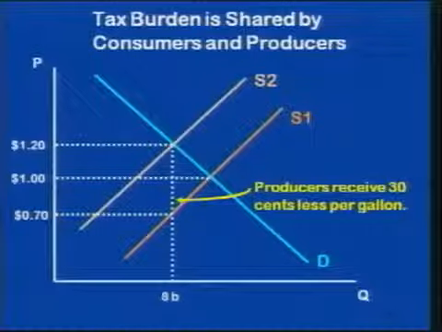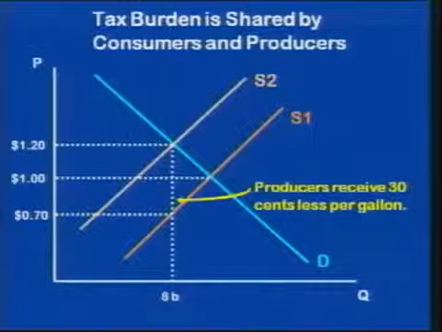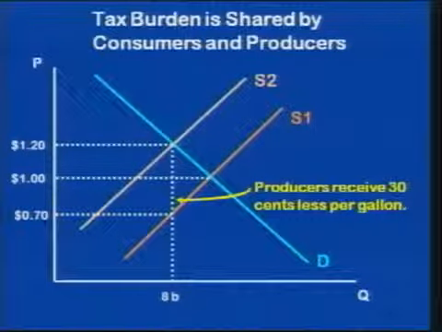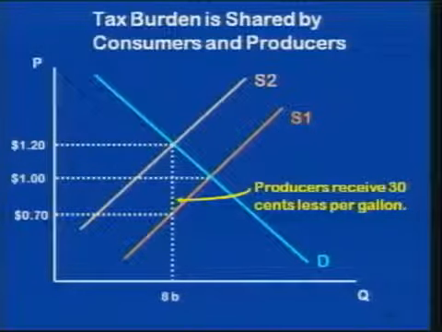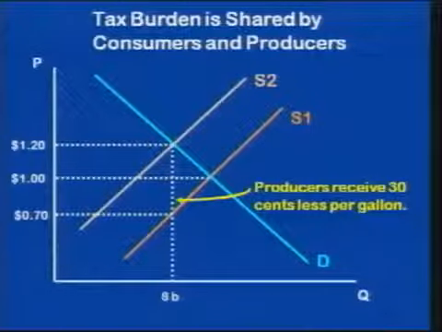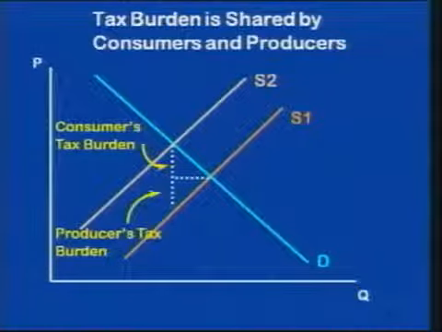This is what consumers pay. This is what suppliers receive. And so the amount that consumers pay has gone up 20 cents. The amount suppliers receive has gone down 30 cents. So that means in any taxation situation with normally shaped, downward-sloping demand and upward-sloping supply curves that crisscross, you have both parties paying part of the tax.